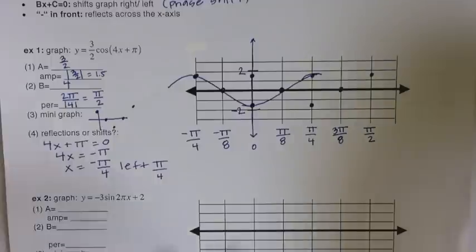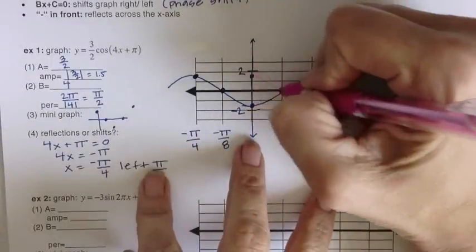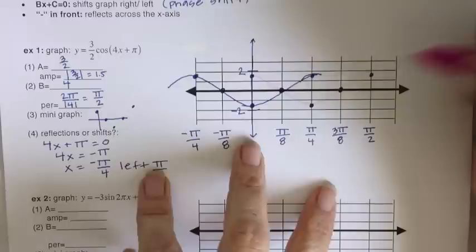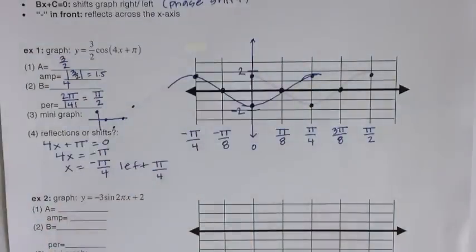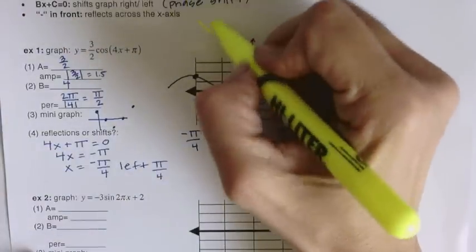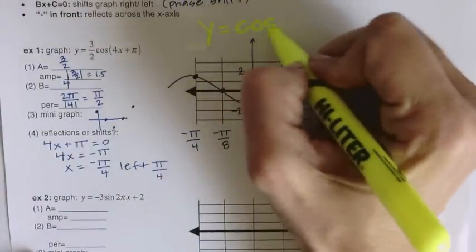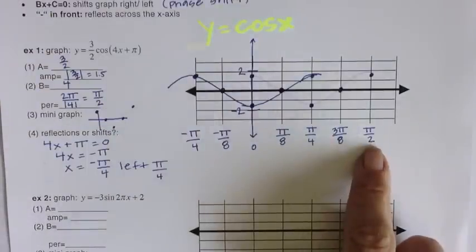Okay, so friendly reminder, this is what it looked like before it got horizontally shifted. Now if I wanted to impose cosine x just because we've been doing it, I'm going to barely get a piece of it on here because the period was pi over 2.